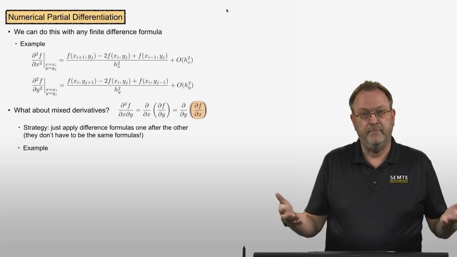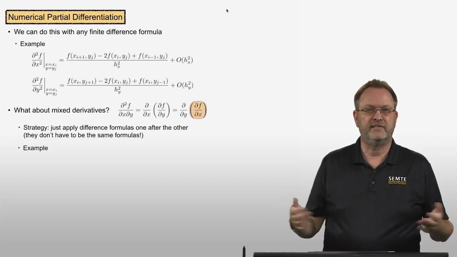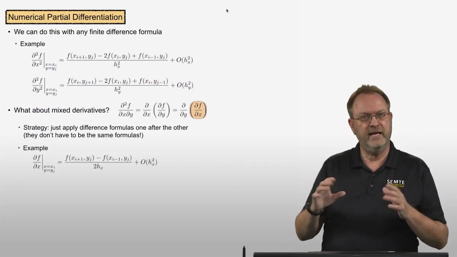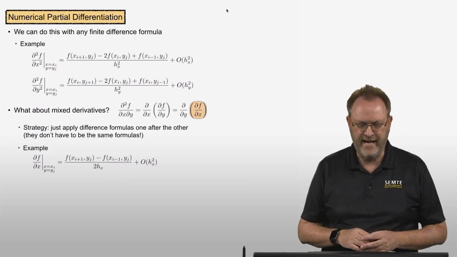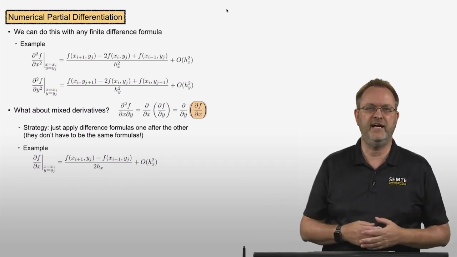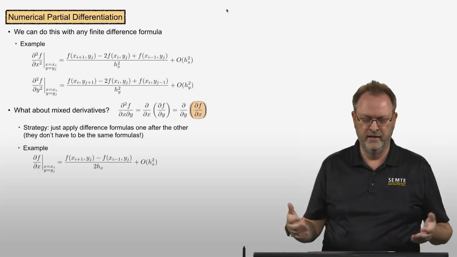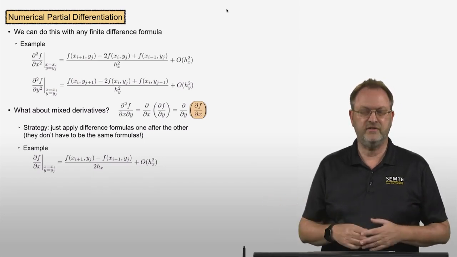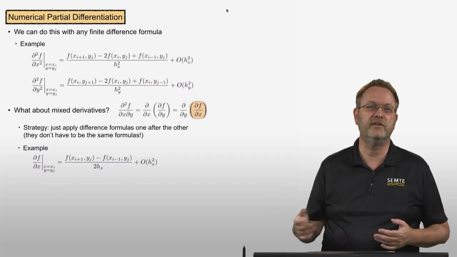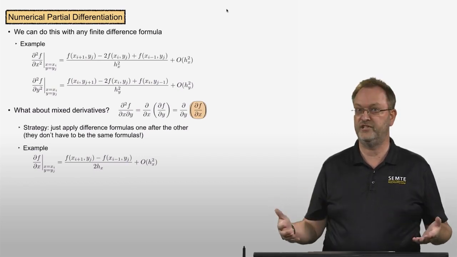If I want to calculate that mixed partial derivative d2f dx dy, let me first calculate the inner partial derivative df dx. If that's to be evaluated at xi, yj, I get this formula from before. Well, if I do second order central, this would be f at xi plus 1, comma yj, minus f at xi minus 1, comma yj, divided by 2hx.